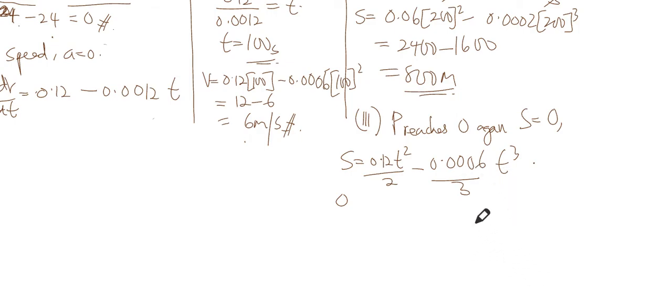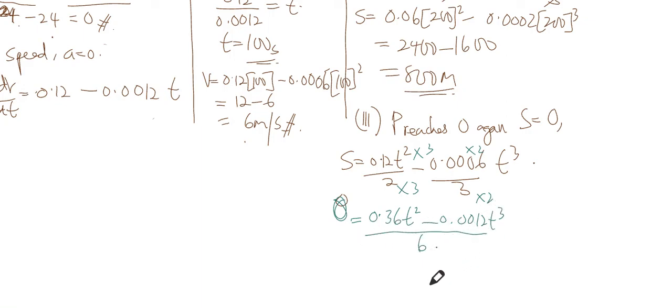I'm going to multiply this by 2 times 3, so 0 equals 0.36t² minus 0.0012t³ over 6, so 0.36t² minus 0.12t³ equals 0.